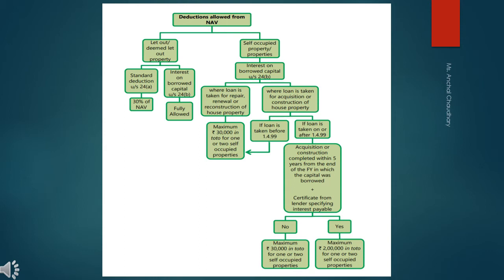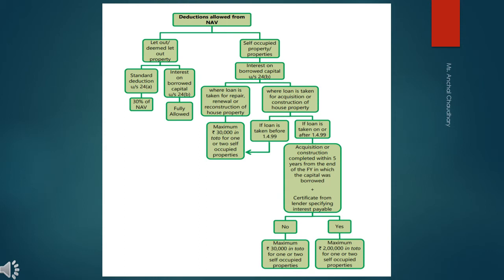First is if loan is taken before 1st April 1999, in that case 30,000 rupees deduction will be provided to the SSC. And if that loan is taken after the 1st April 1999, then in that case there are two conditions: acquisition and construction completed within 5 years, and also a certificate from lender specifying interest payable.